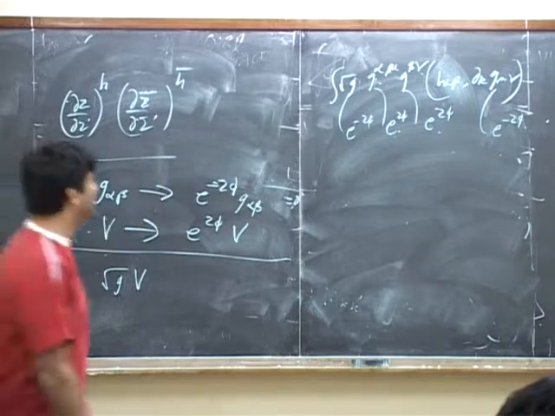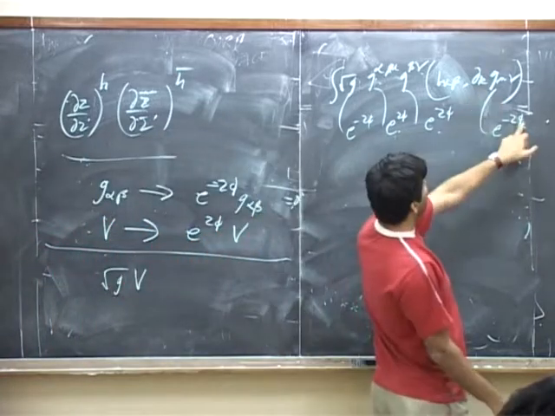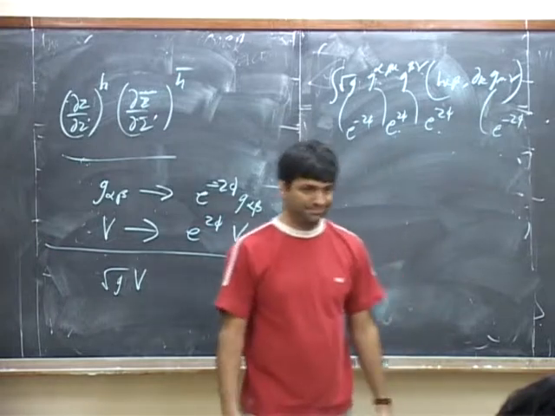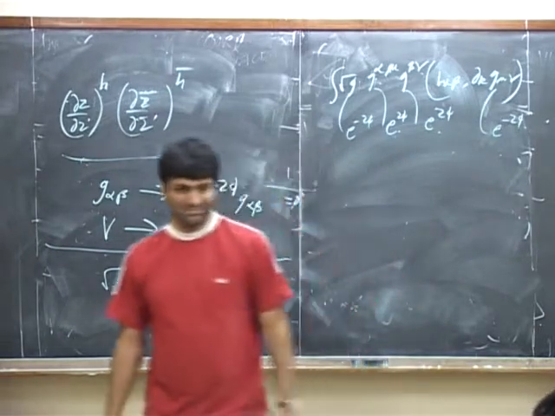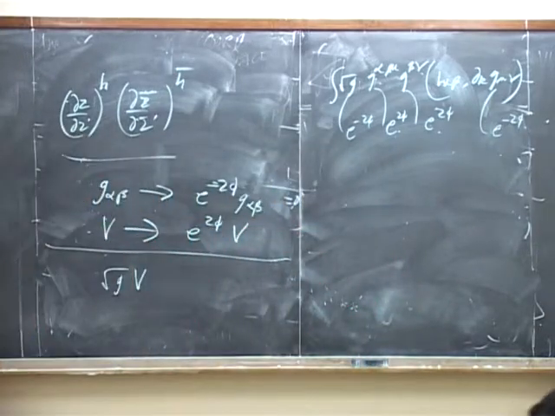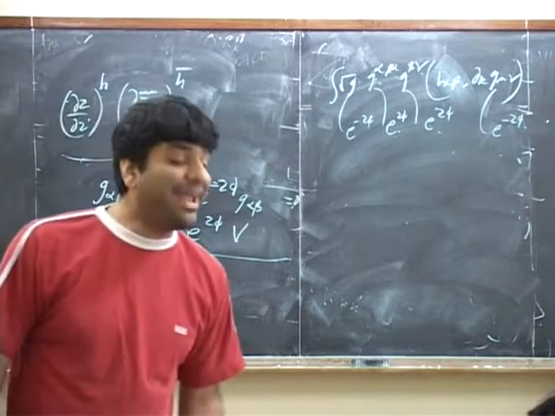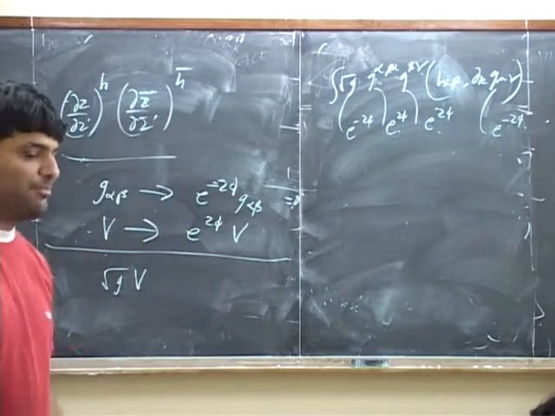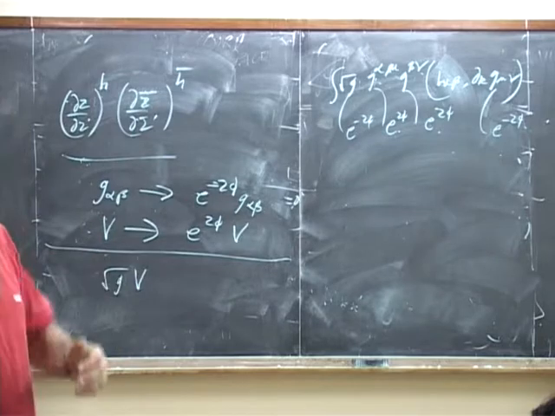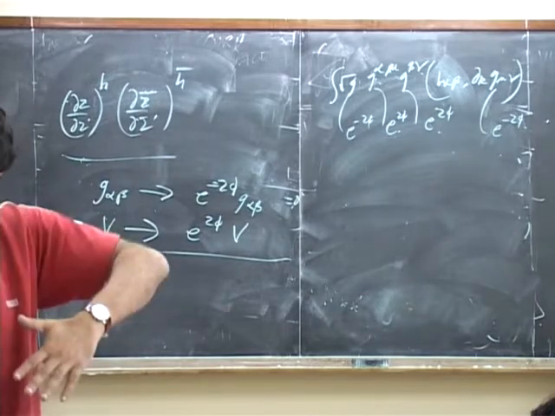It's all cancelling. Except that this del k can act on phi. Phi depends on the modulus. You could choose it to depend on the modulus. It shouldn't matter, because the moduli are a choice of fields.